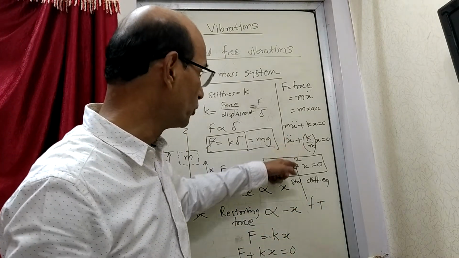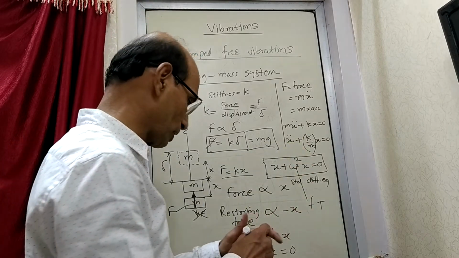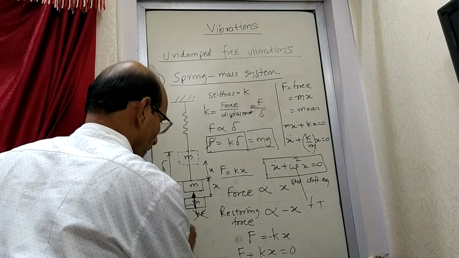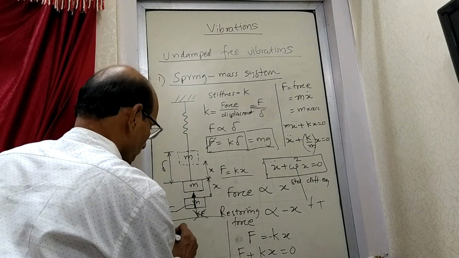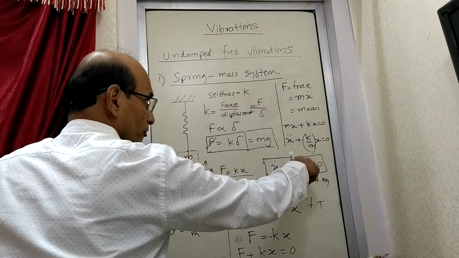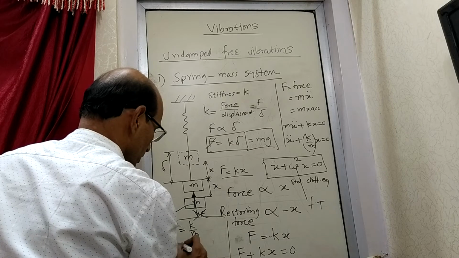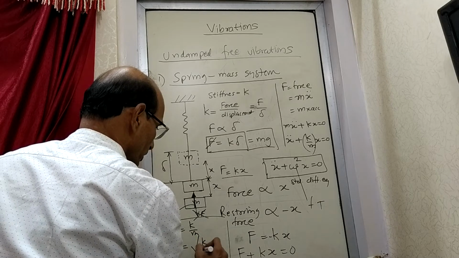So now if you compare this and this, then you can say that omega square is equal to k upon m. Therefore, omega is square root of k upon m.